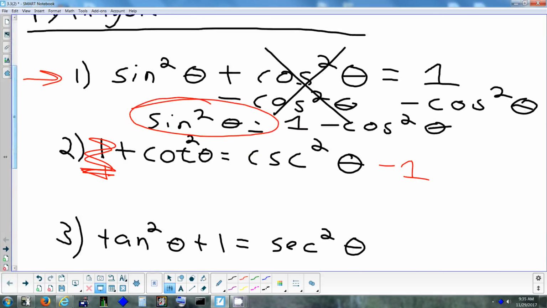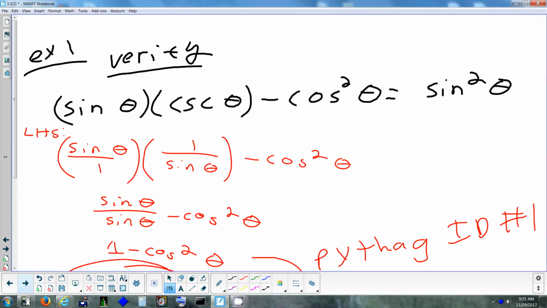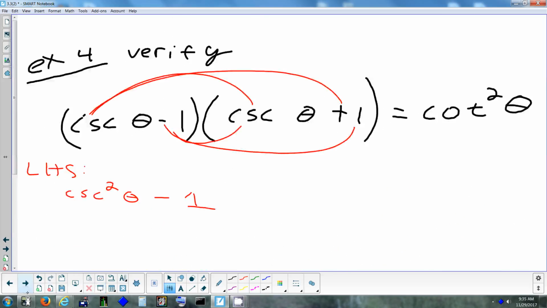So according to this identity, what does cosecant squared minus 1 equal? It equals cotangent squared. Let's go back to the problem. And that's exactly what you were supposed to get on the right. Problems can be very short, like that one.